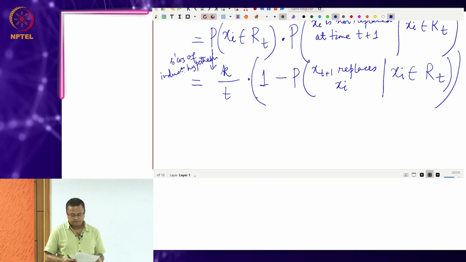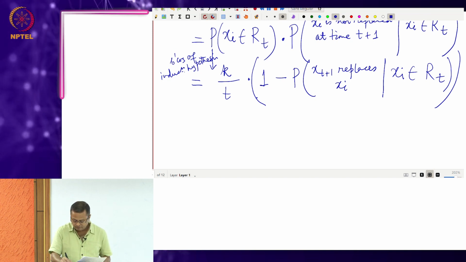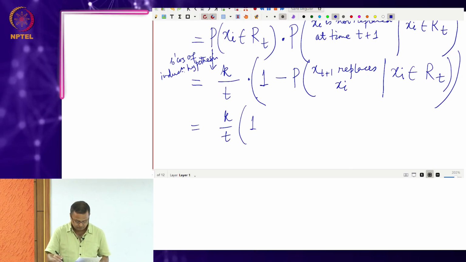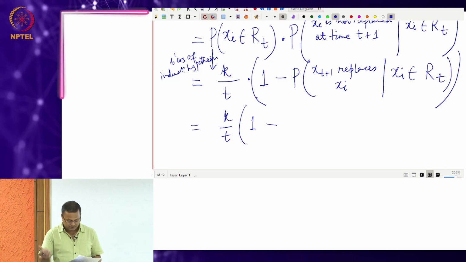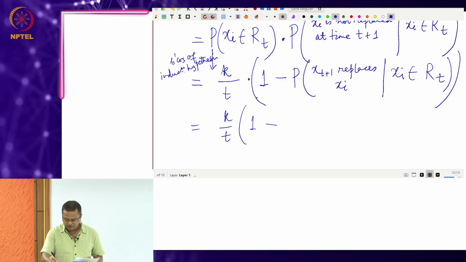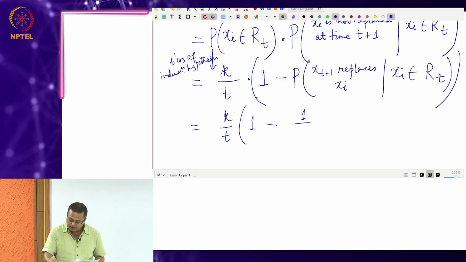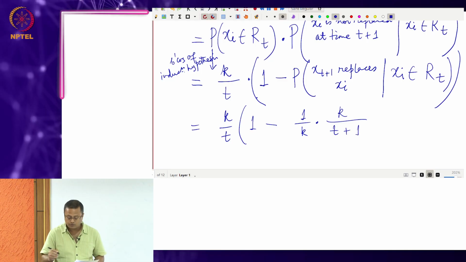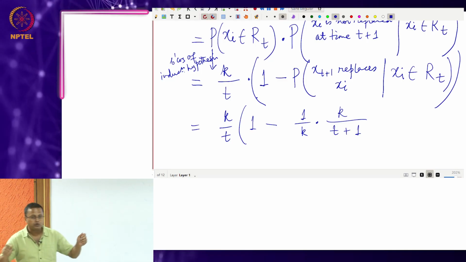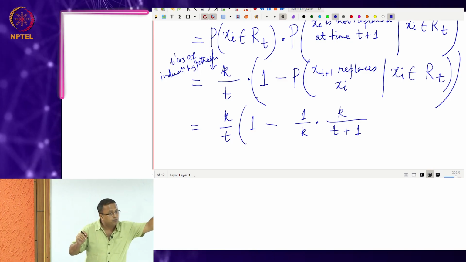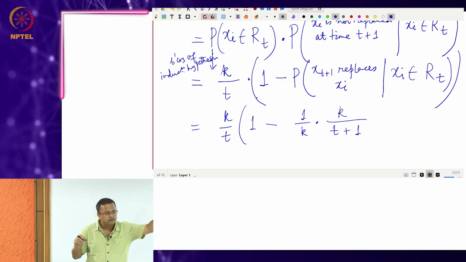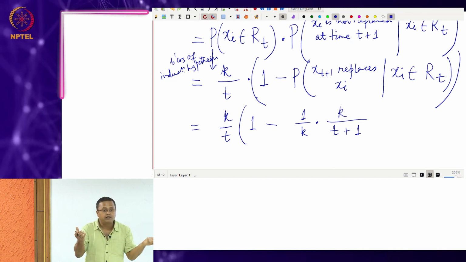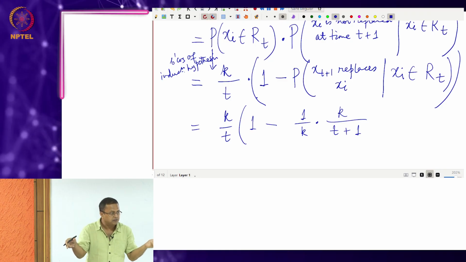Agreed? Replaces and the probability of replacement. So, this should be 1 by k into k by t+1, right. I am going to remember the entry that I am going to replace is a random entry. So, that has to be uniform 1 by k, and I replace with what probability? K by i, here i is t+1.